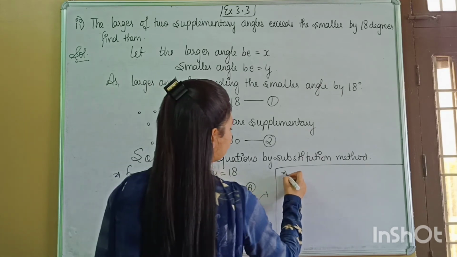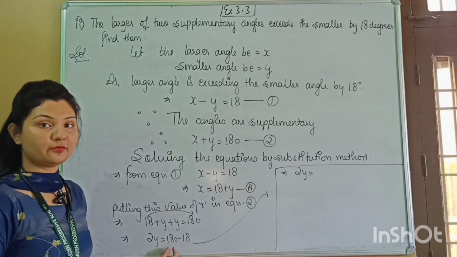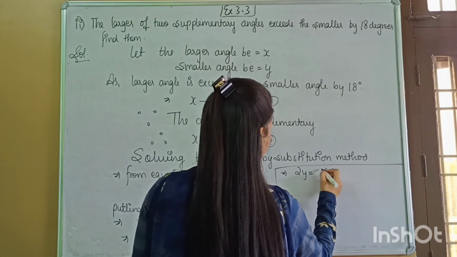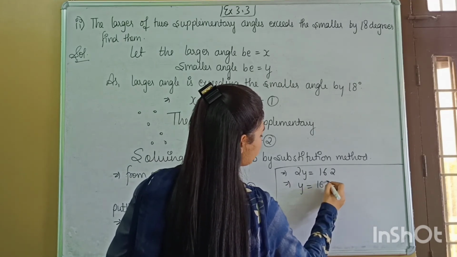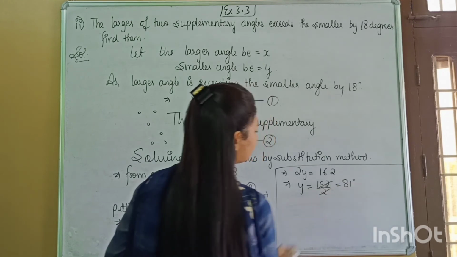So what we will get? 2y is equal to, so we will subtract this 18 from 180. So we get 162. Now y is equal to 162 by 2. Dividing this we get 81 degrees.